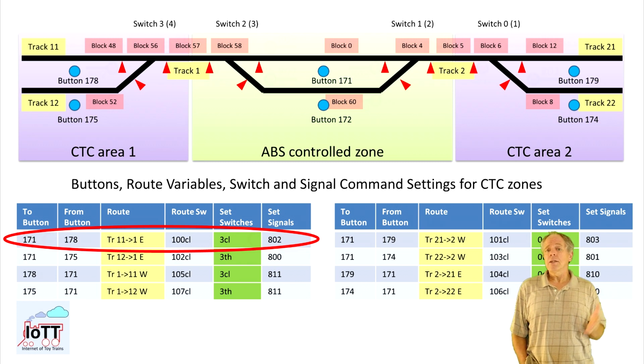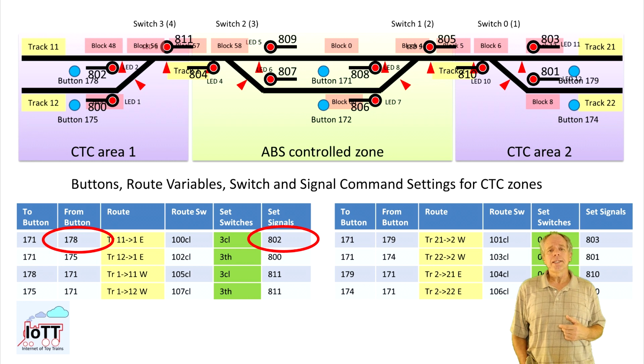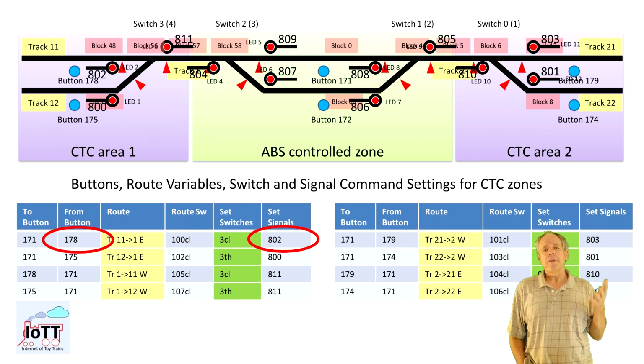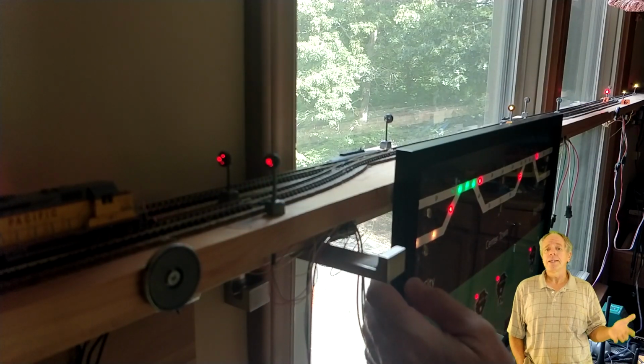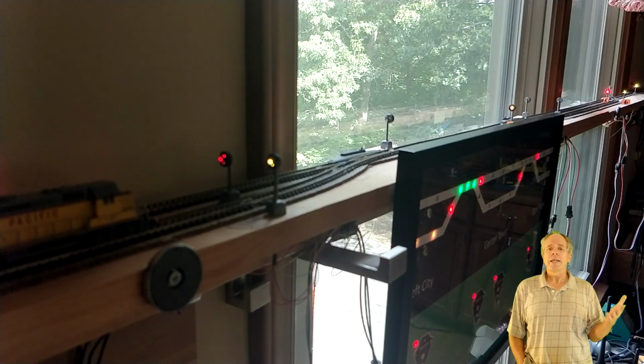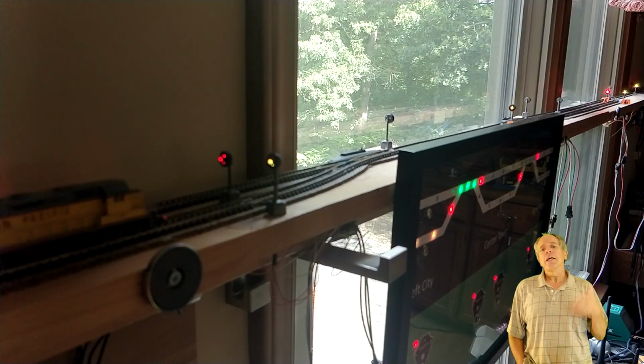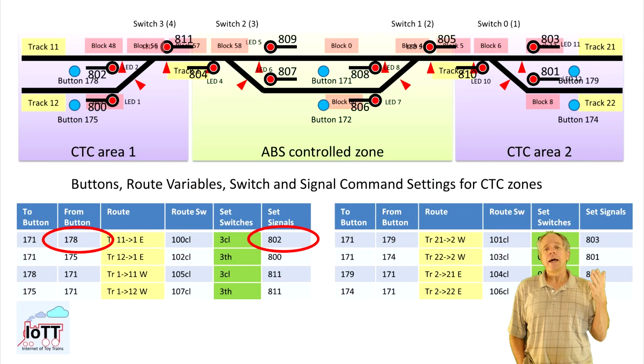To set the signals and trigger the train movement in the CTC zone, I am using the 4 buttons located next to the terminal tracks, but this time the function depends on the active route. If I double-click button 178 and the outgoing route from track 11 to track 1 is set, signal 802 is activated. In the other case, if the route from track 1 to track 11 is active, signal 811 is set, and so on.